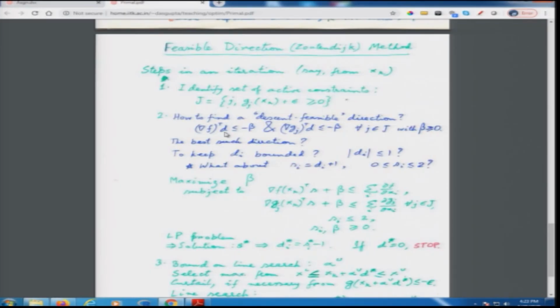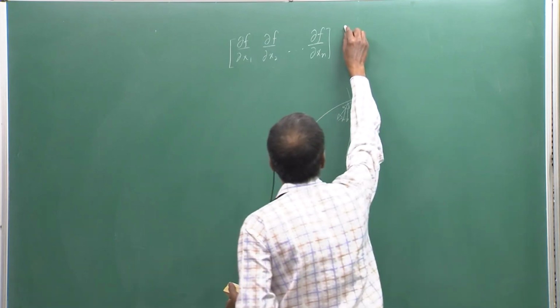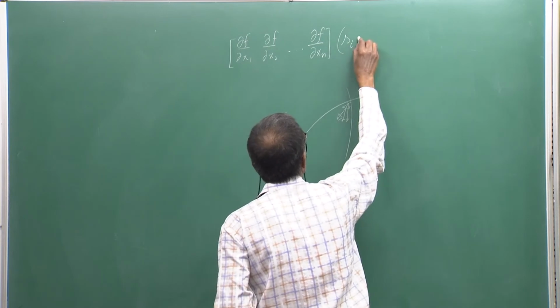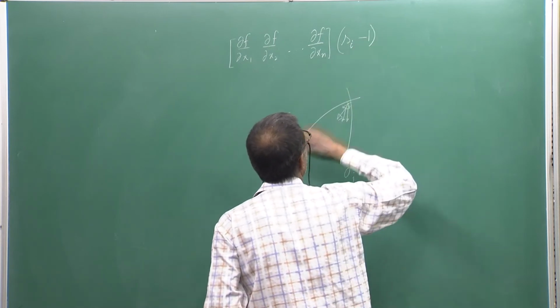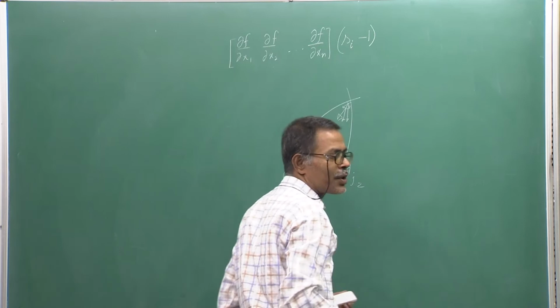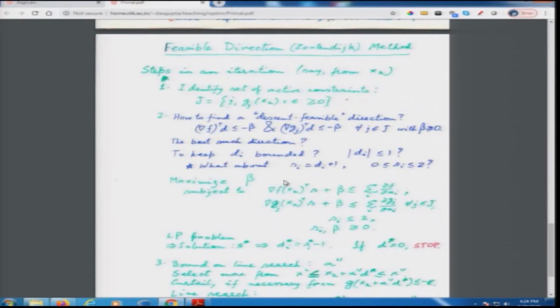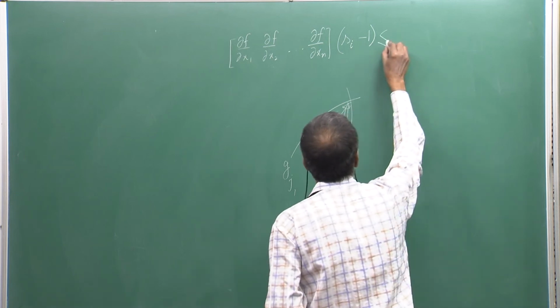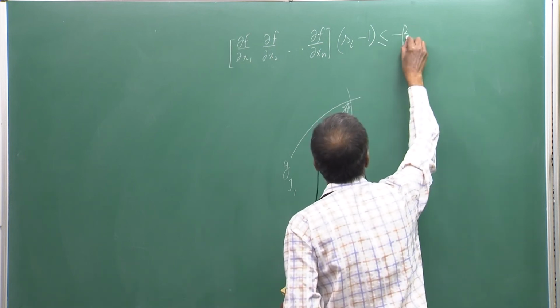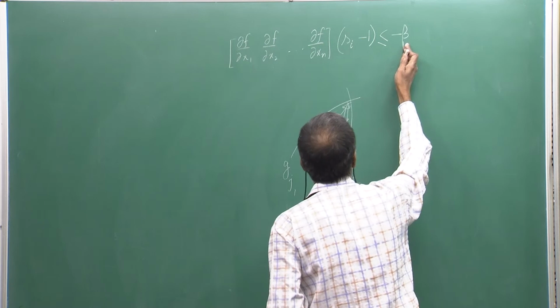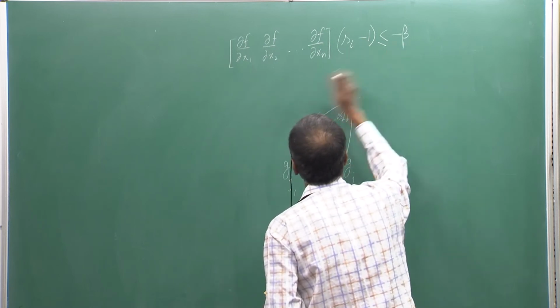So, d i is s i minus 1. So, put it there, s i minus 1, should be less than or equal to minus beta, fine. So, get beta here and get the second part there.